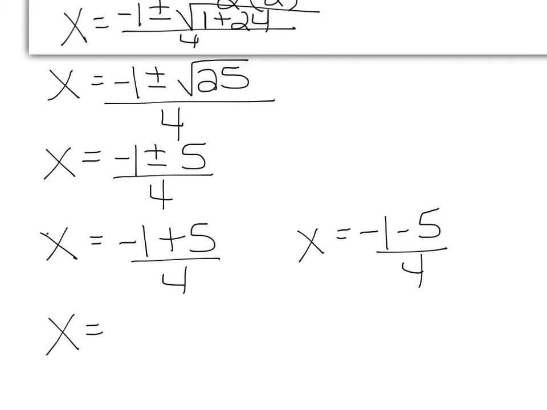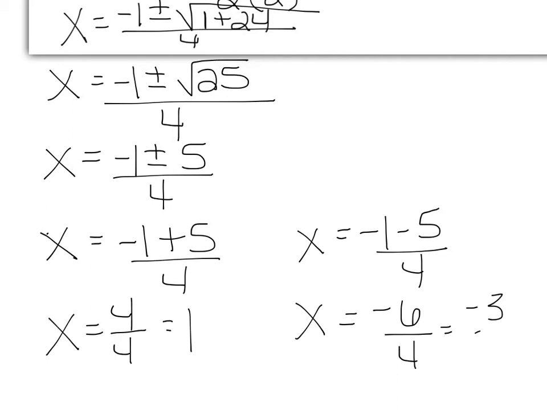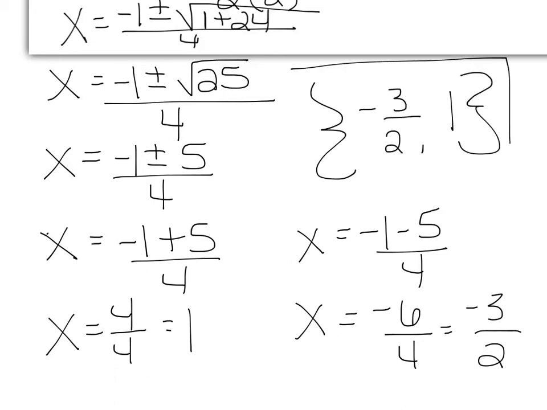Negative 1 plus 5 is 4 over 4, which is 1. And then negative 1 minus 5 is negative 6 over 4, which is negative 3 halves. So my solution set is negative 3 halves and 1. It's nice when you get actual numbers like that.